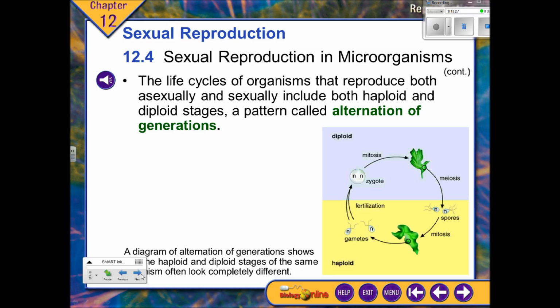And those gametes can fertilize. They can get back to the diploid, grow into it, and then they're going to go through meiosis to make their haploid. So that's called alternation of generations. You have to realize there's a lot of different ways we can reproduce, and sometimes asexual is best, only takes 1. Sometimes the diversity is best, so we're going to do sexual reproduction.